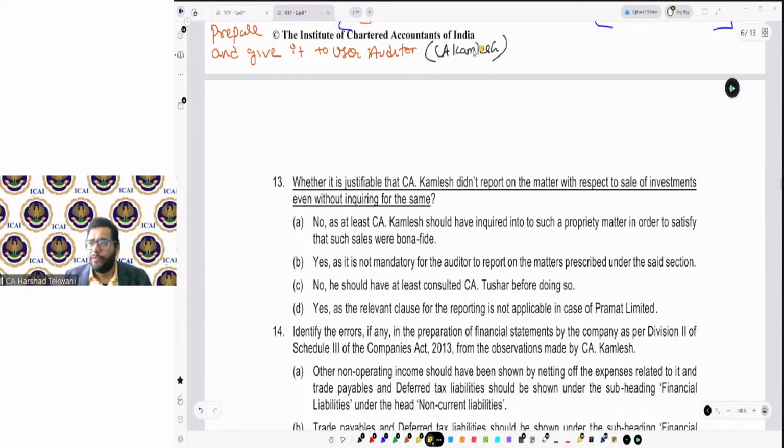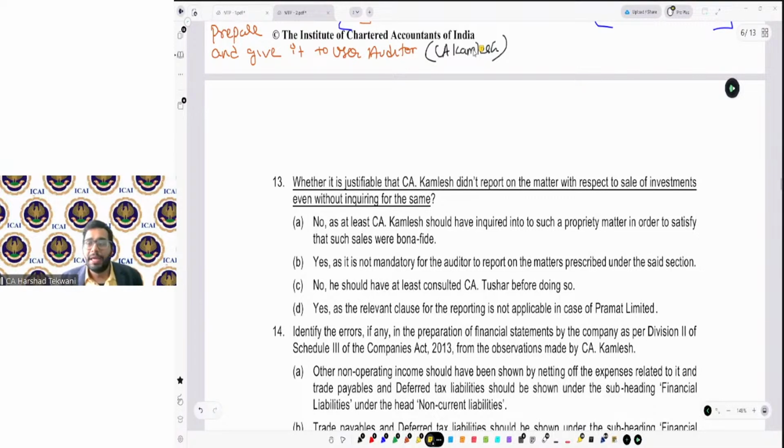When I go to 143(1), it talks about where the company, not being an investment company or a banking company, invests so much of the asset of the company in shares, debentures and other securities, and they have been sold at a price less than that at which they were purchased by the company, then the auditor is required to inquire into the following matters.